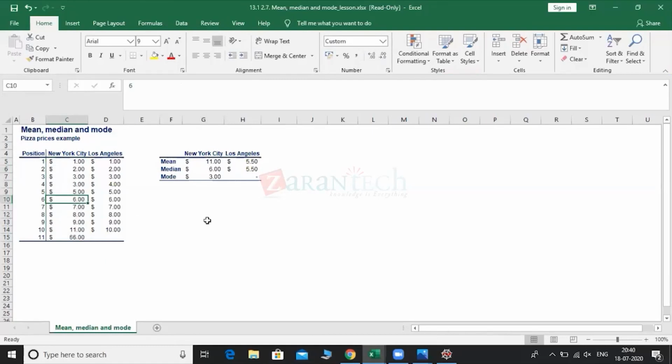Similarly, what is a mode? Mode is whichever number is repeating the maximum number of times. So in this case, what we can see is 3 is getting repeated the maximum number of times, right? 3 is coming 2 times, everything else is just 1 time.